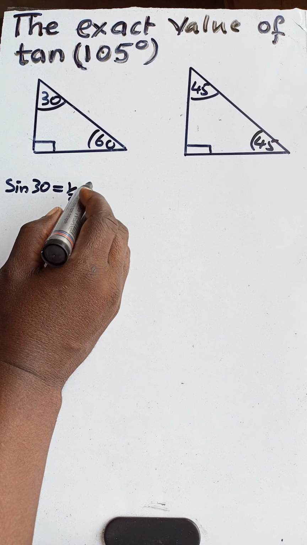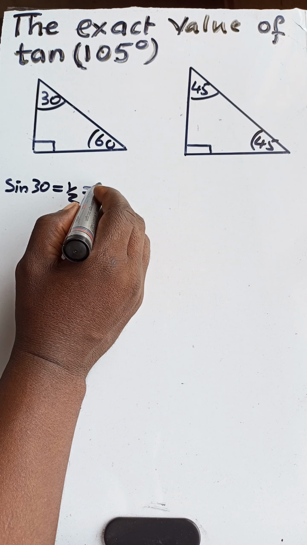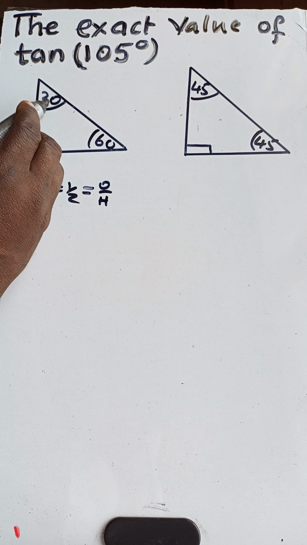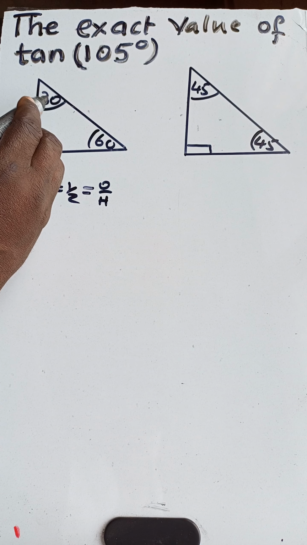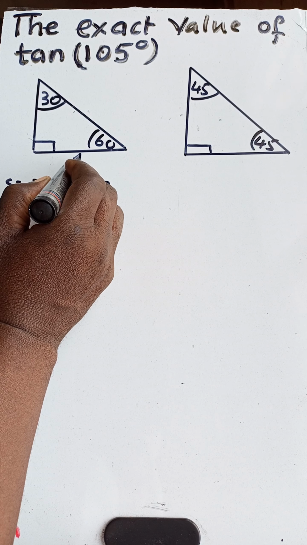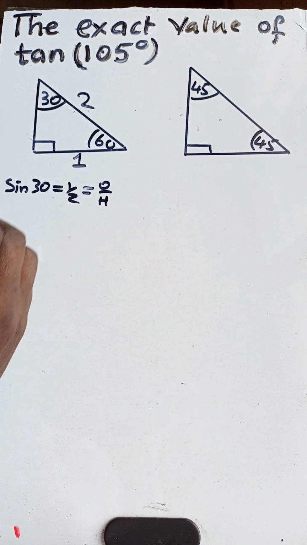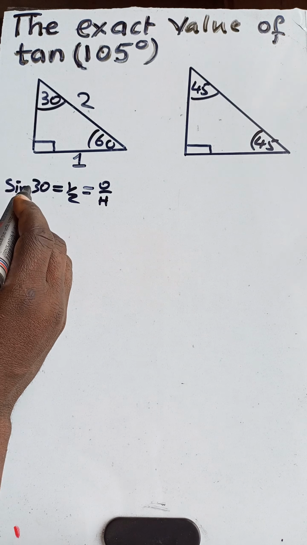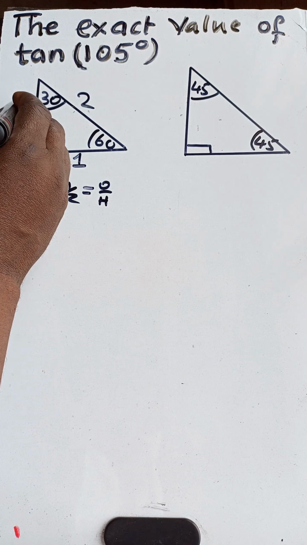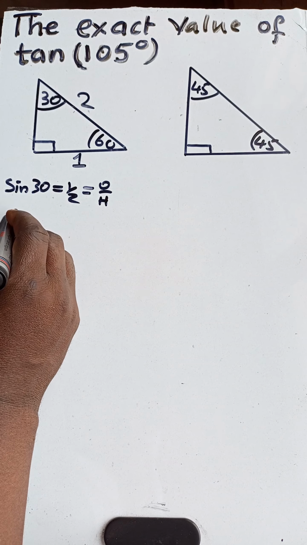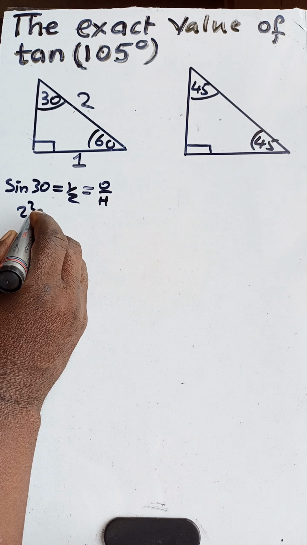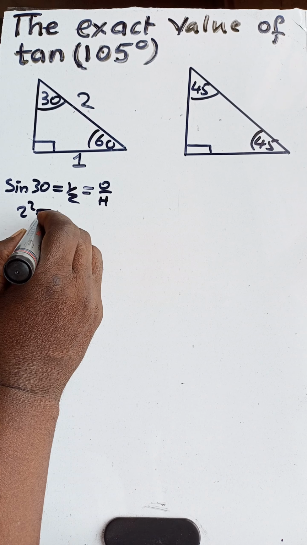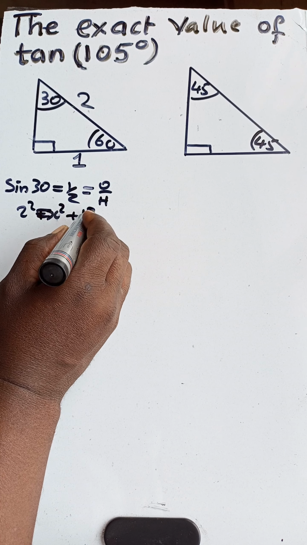We know that sine is opposite over hypotenuse. So this is 30 degrees. Sine 30 degrees is a half, opposite over hypotenuse. And so by the Pythagoras theorem, if we call this side x, therefore we'll have 2 squared is equal to x squared plus 1 squared.